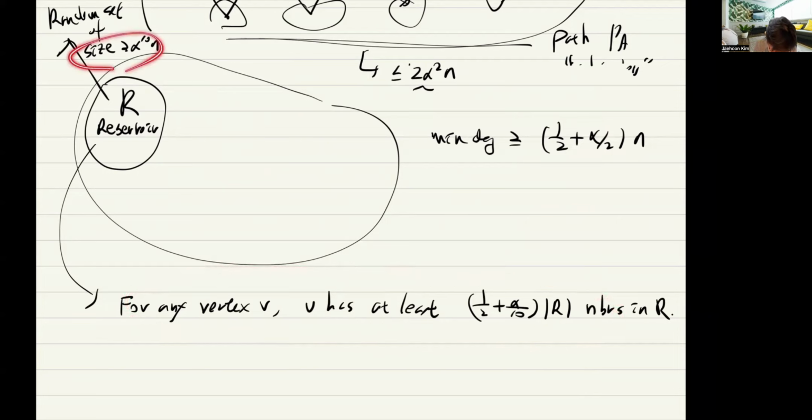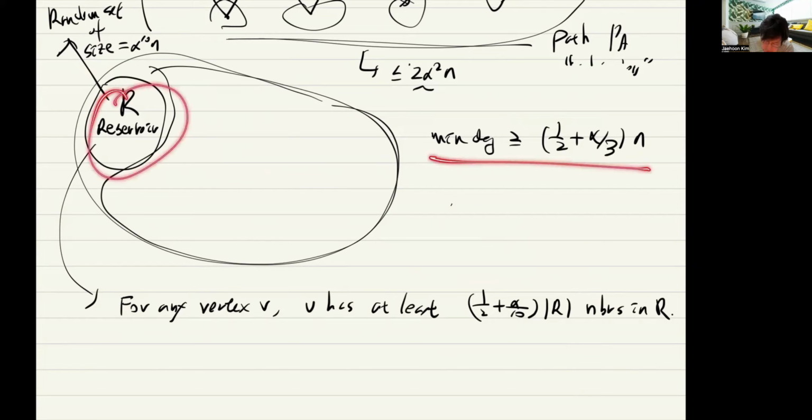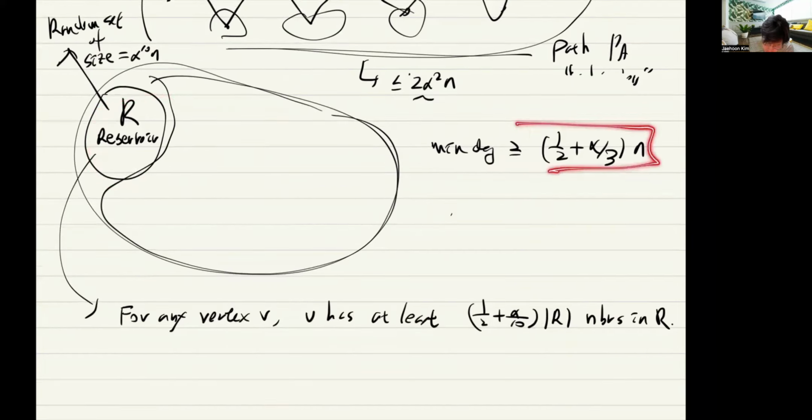And in the remaining graph, since we deleted this R, the minimum degree might decrease a bit, but it is still more than half.